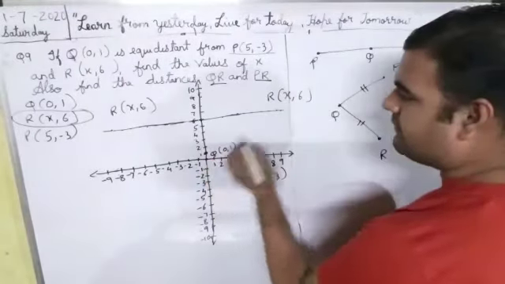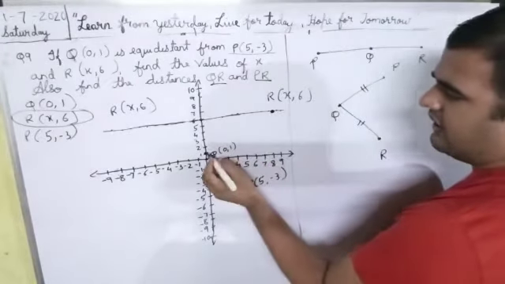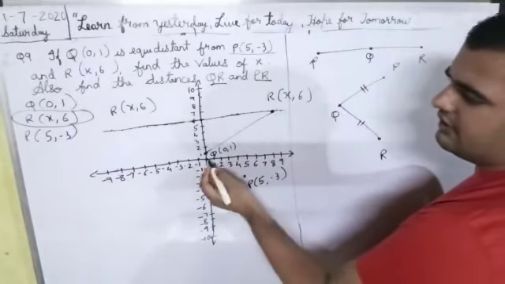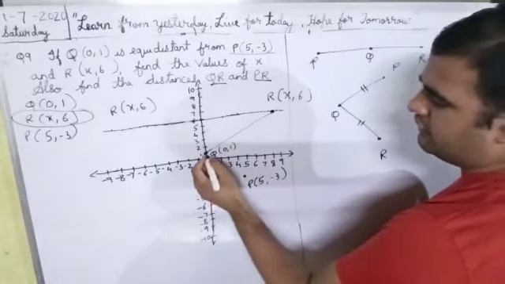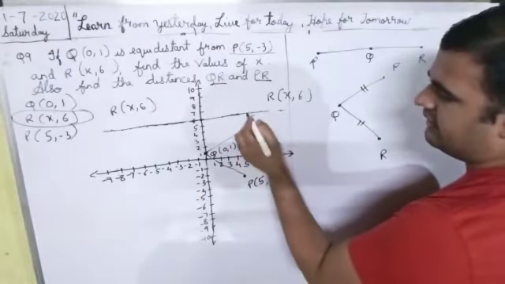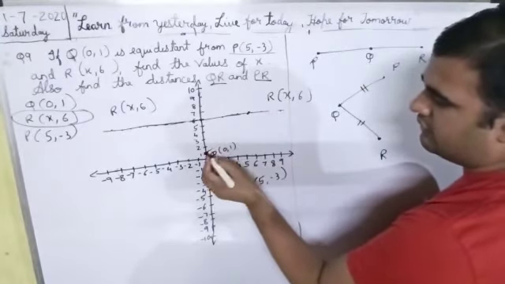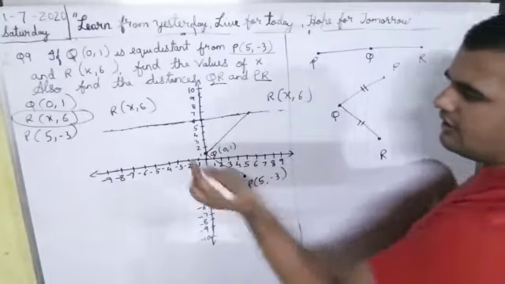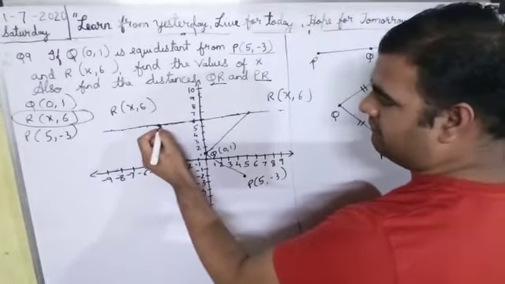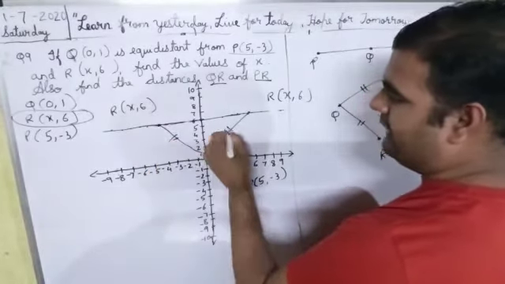Suppose R is here, I will join QR, and here QP. We'll take it here so that they look equal, or here. There are two values possible.